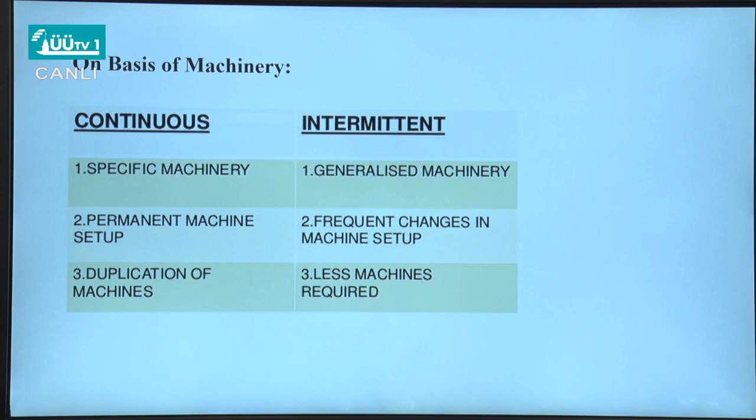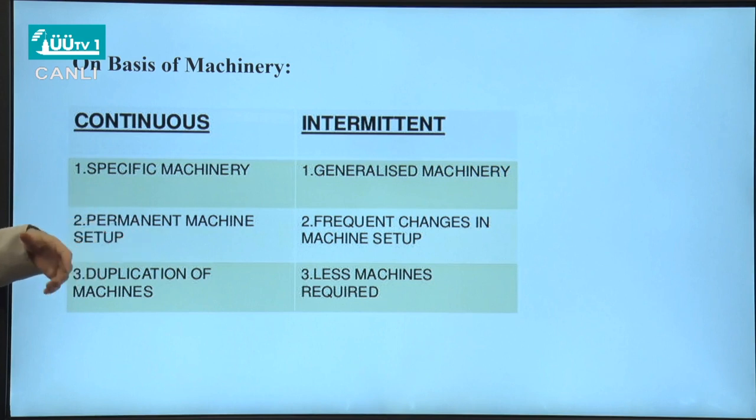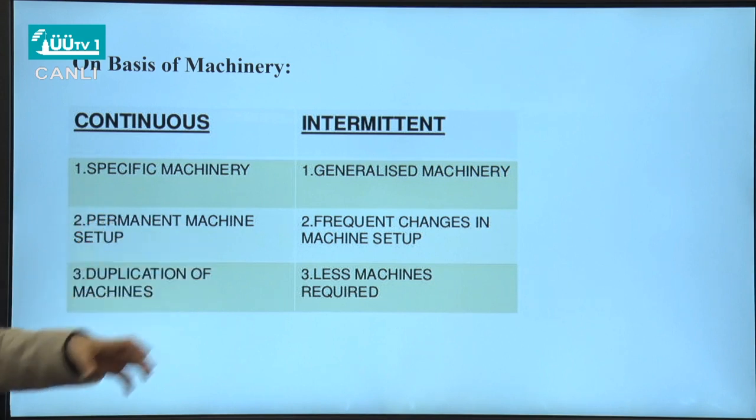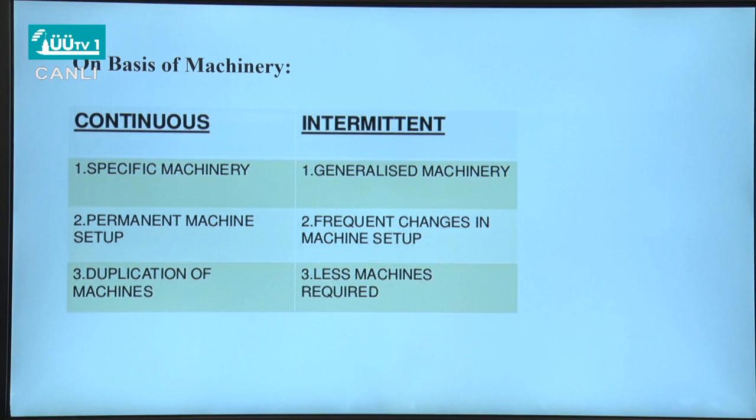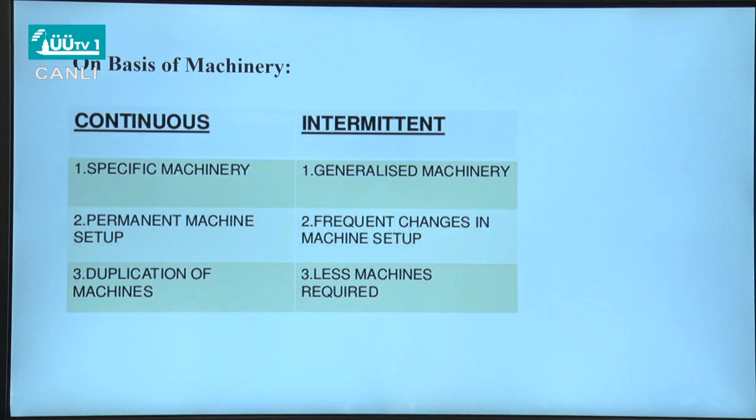So on the basis of machinery, when we take a look at the machinery perspective, for the continuous, specific machinery is needed, and for the intermittent, generalized machinery is needed, which is more fitting to flexible manufacturing also. And the permanent machine setup is needed for the continuous, and frequent change in machine setup for the intermittent.